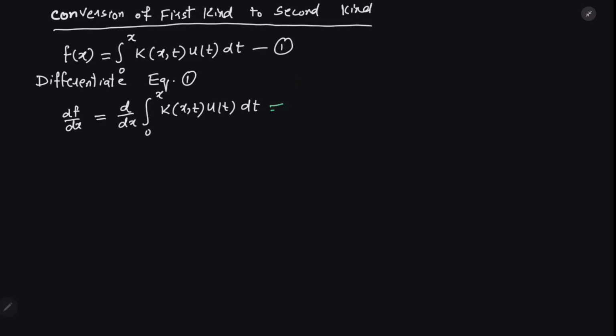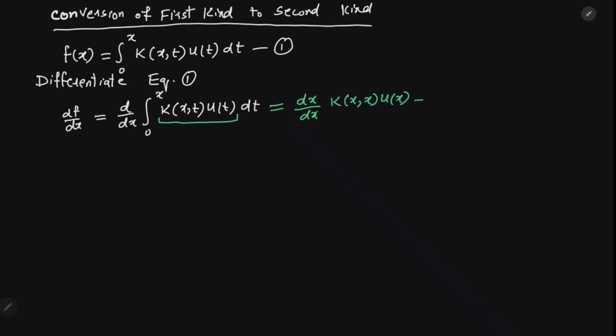In the Leibniz rule, what we do, we differentiate the right hand side integral, first taking the upper limit dx by dx, then put that upper limit into the integrand over here. That will be k(x,x) u of x.